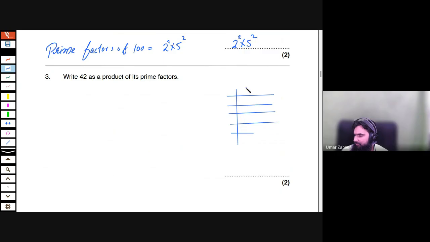All right, now we have 42. 2 times 21 is 42, 3 times 7 is 21, and 7 times 1 is 7. So we are going to get the prime factors of 42 is equal to 2 times 3 times 7.